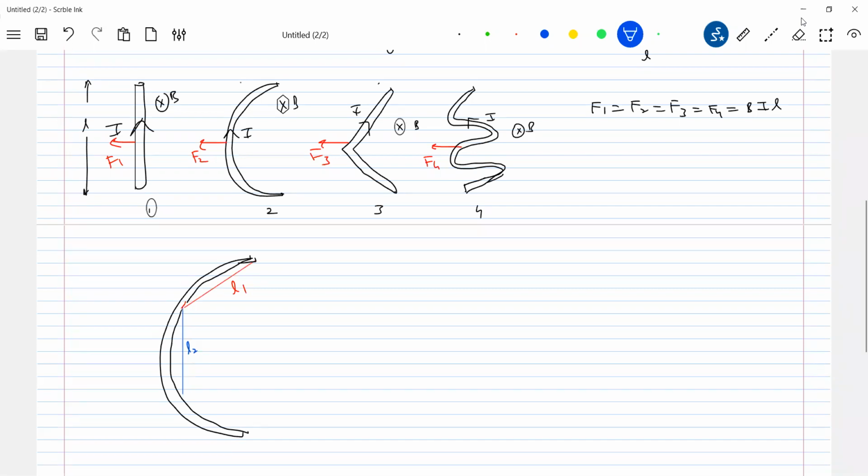Then L1 bar plus L2 bar, the effective length of that. Call it L3 bar. This I'll add up with this. Arrow I'll put it. Next again, L4 bar. So L3 bar plus L4 bar. Shall I go for one effective length?